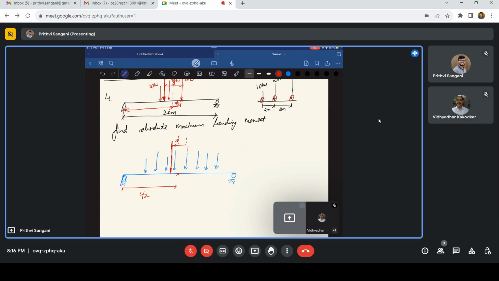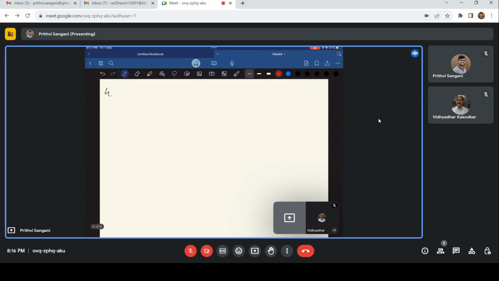You need to place the force in such a way that it is away from the midspan at a distance d by 2. That means the next maximum load should be placed from support A at a distance of L by 2 plus d by 2. We'll solve the problem and understand more clearly.